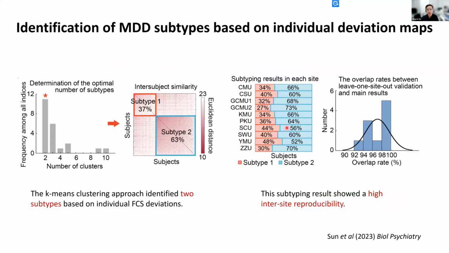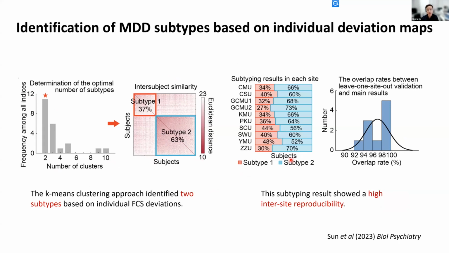So using a clustering method, we further identified two subtypes in patients. The optimal number of categories was determined by a series of evaluation indices. About 37% of patients were classified as subtype 1 and 63% were subtype 2.